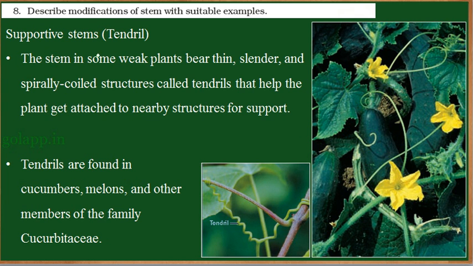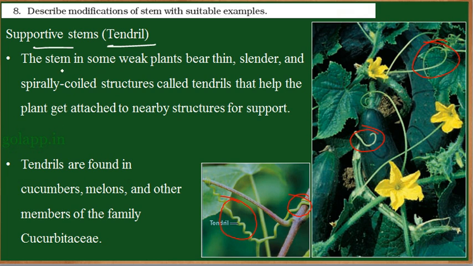And the next one is supportive stems. These supportive stems are called tendrils. We can observe a spring-like structure over here which is coiled around a strong support, a branch. And similarly here also we can see this spring-like structure.